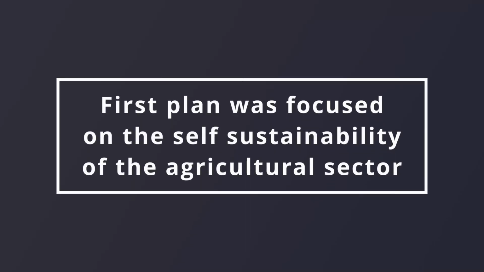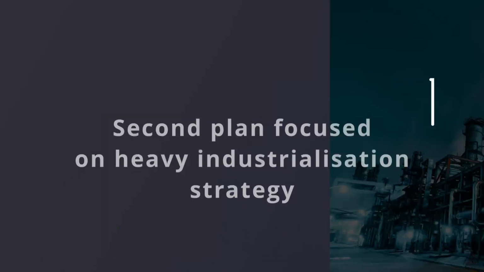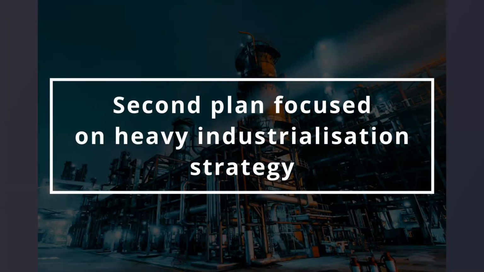Now, if we quickly look at how the Indian planners have addressed it, the first plan was focused on self-sustainability of the agricultural sector. The second plan focused on a heavy industrialization strategy.